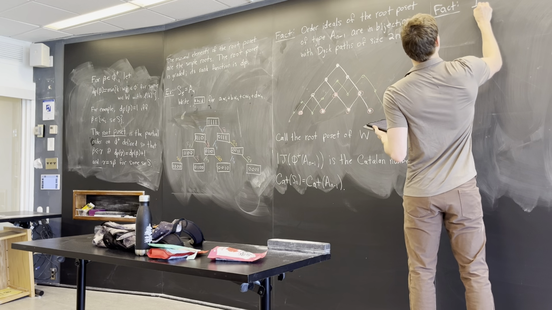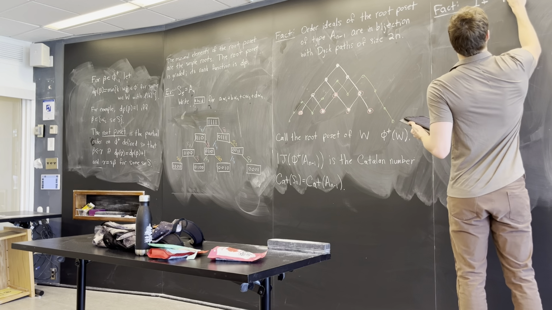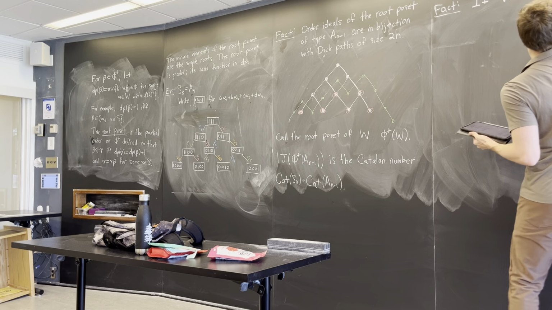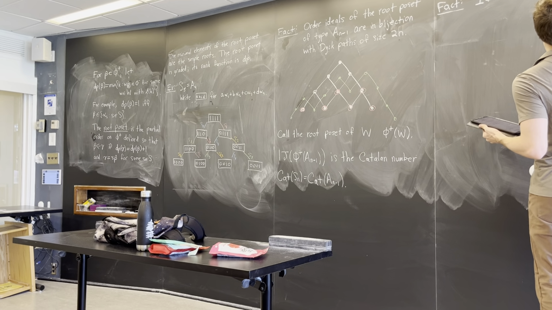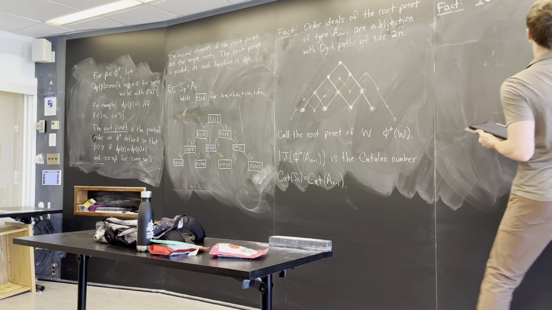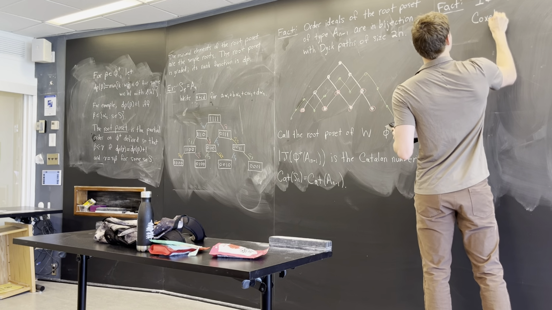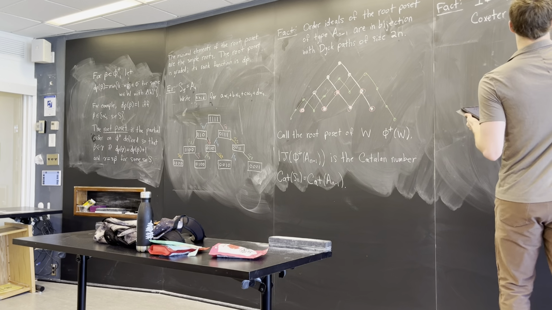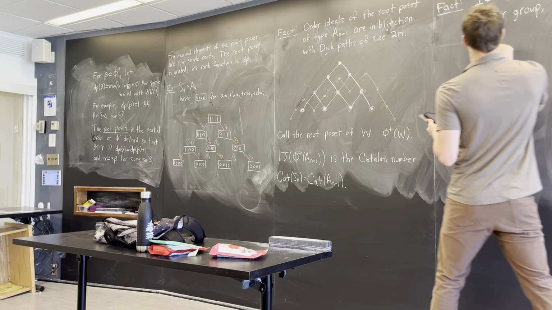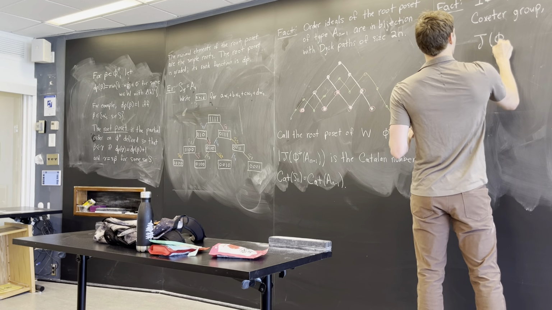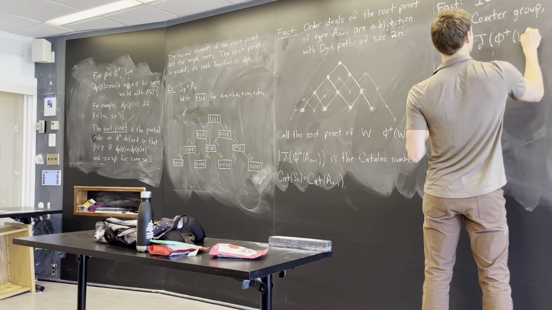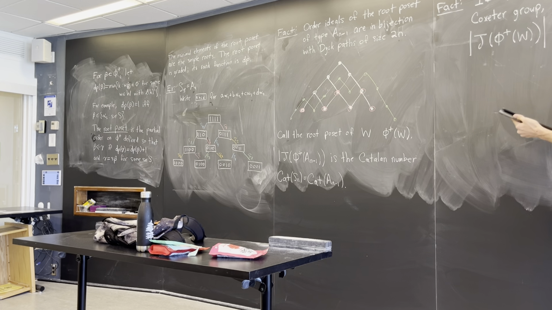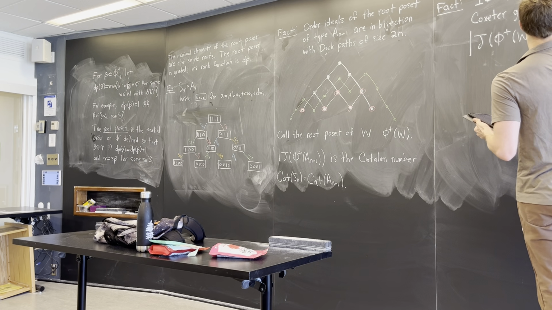So if W is a finite irreducible Coxeter group, then if you look at the lattice of order ideals of the root poset of type W, the size of this is the W Catalan number.